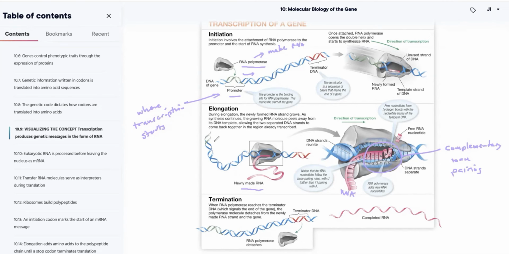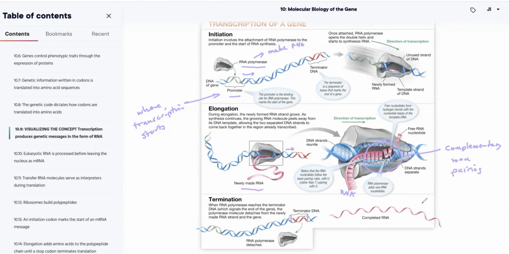It starts off being relatively short, and then as the RNA polymerase moves down towards the terminator, the RNA molecule is getting longer and longer, hence the name elongation, right? And then when we reach the terminator sequence in the RNA, the RNA polymerase falls off and the RNA is released, right? And so it's actually a pretty basic process.